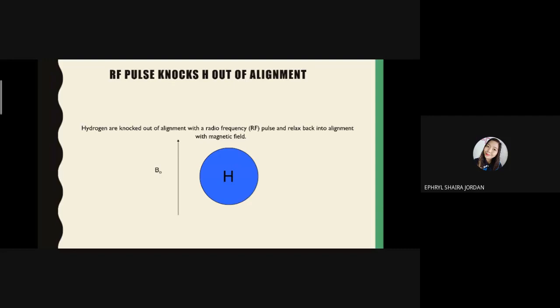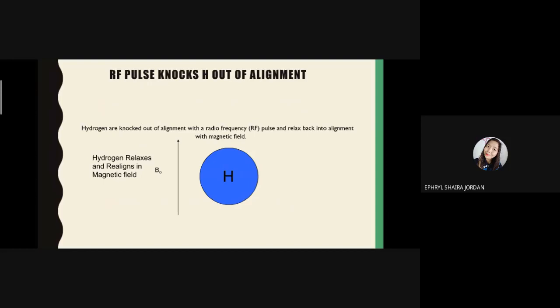So now, what happens if a 90 RF pulse is applied? So, knocked out ang hydrogen. And what will happen if na-give off na niya yung RF? So, the hydrogen relaxes and realigns in the magnetic field.